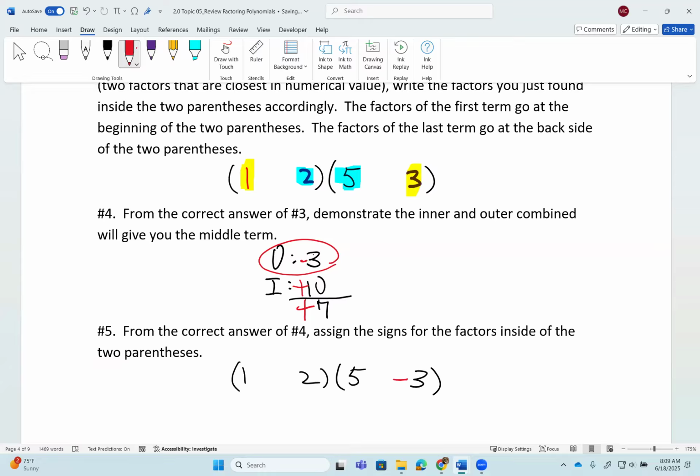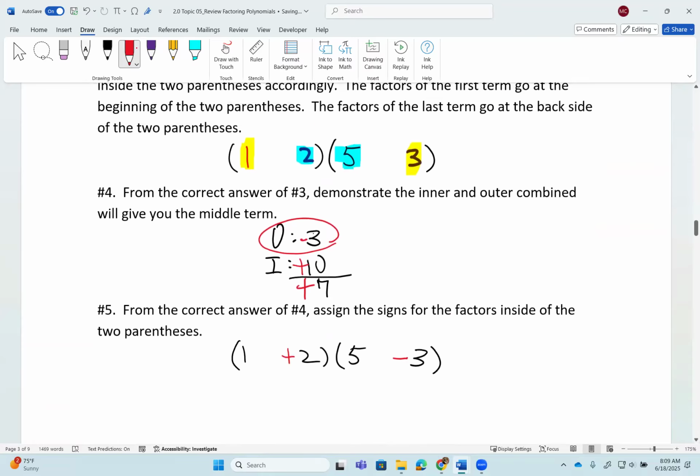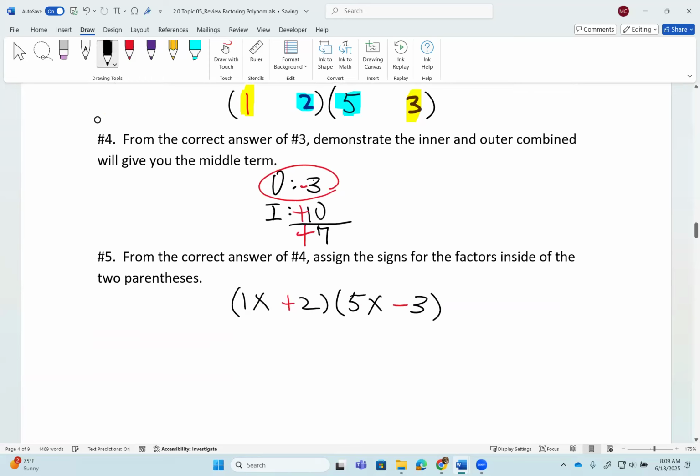For inner, it has to be positive 10, positive 2 times 5. Since the first term is 5x squared, that has to come from 1x times 5x. So I put my variable behind the 1 and the 5, and I am done. My answer: x plus 2 times 5x minus 3.